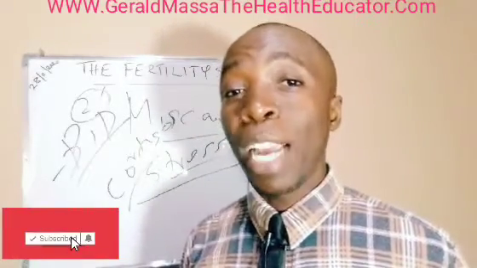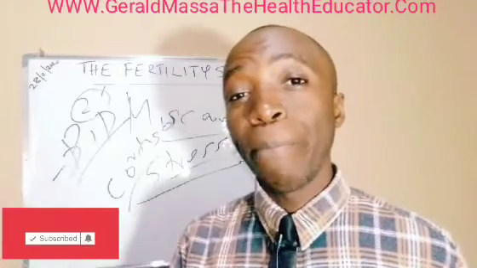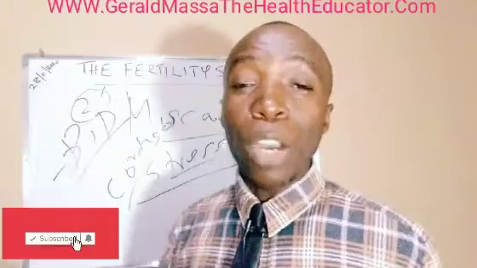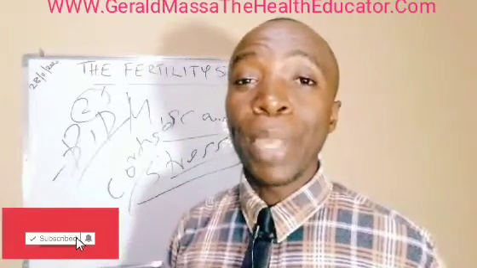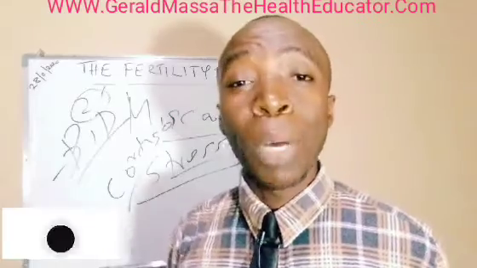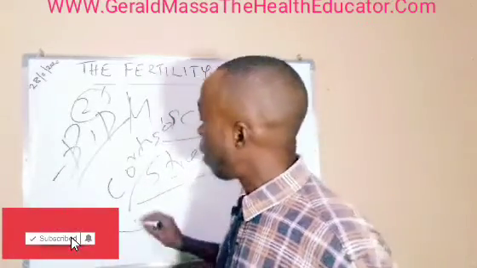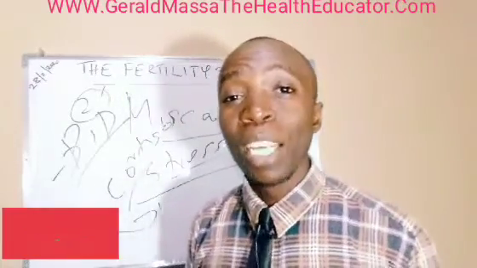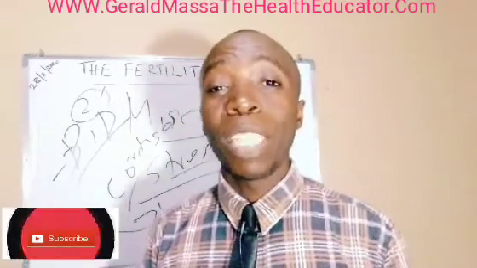Remember, we've said that the pouch of Douglas is the part between your rectum and your uterus. So if there's free fluid collecting in that part, and you were pregnant and you had the PID, then it's very simple. Treat the PID and then your periods will come back to normal, because PID brings about an imbalance in your hormones. And remember, to see your periods normally, your hormones have to be normal.